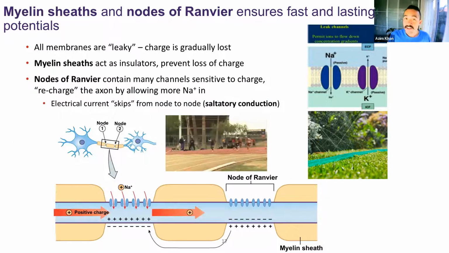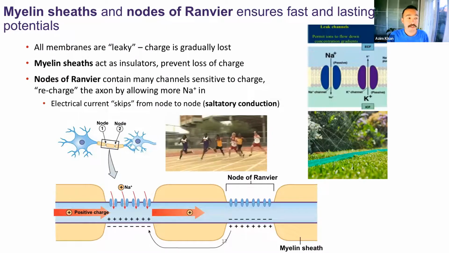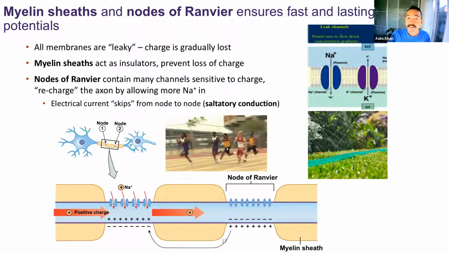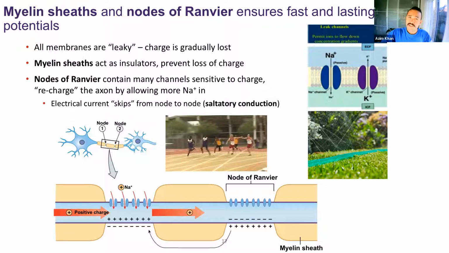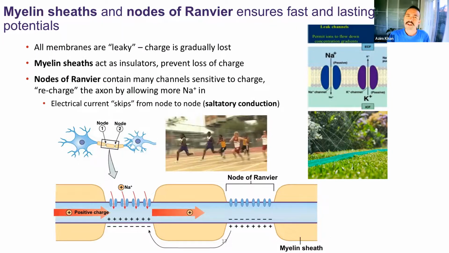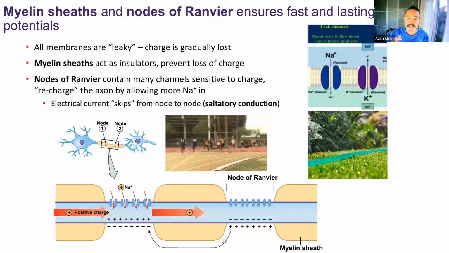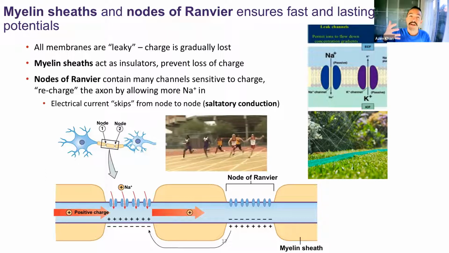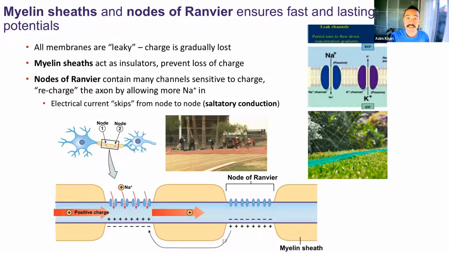Not every axon has myelin sheaths and nodes of Ranvier. Some don't. If they don't have nodes of Ranvier or myelin sheaths, it's generally slower conduction. If you've ever been hurt in such a way that you get this slow, dull pain, that's because of unmyelinated axons.